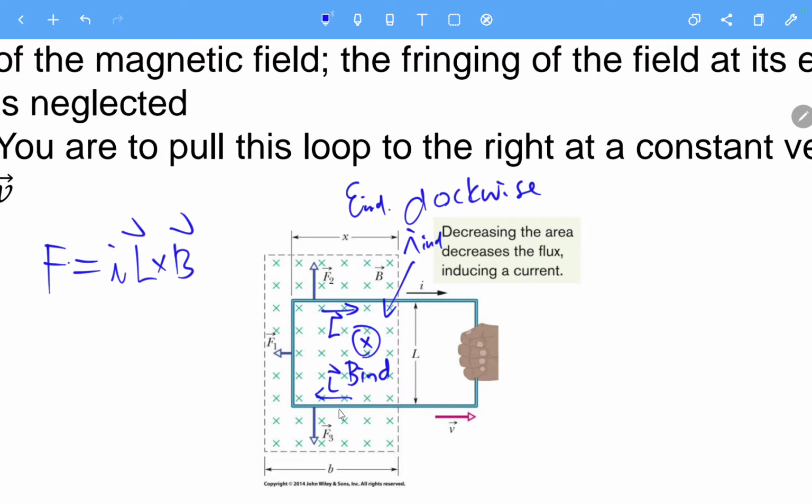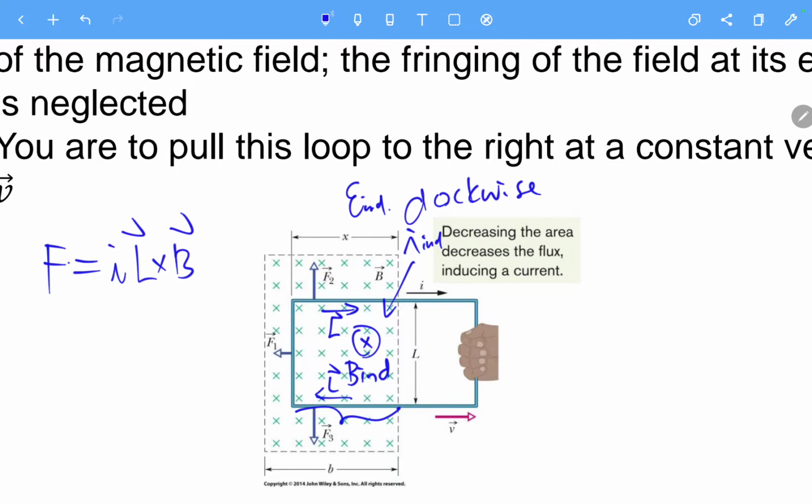So for this wire, L is pointing to the left side. Of course, when we really want to calculate the value, we only consider the length of this part, because we don't have B for the other part, so we only calculate with L for this part only. But here we only consider the direction.